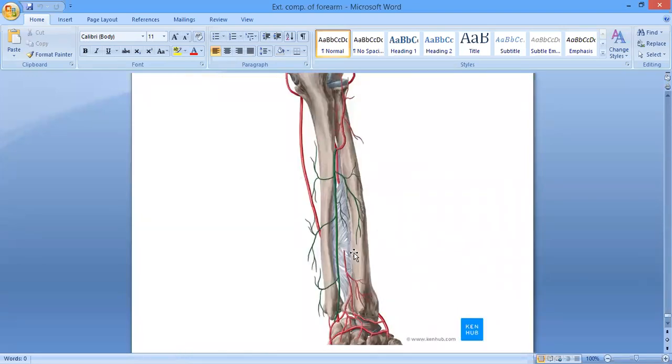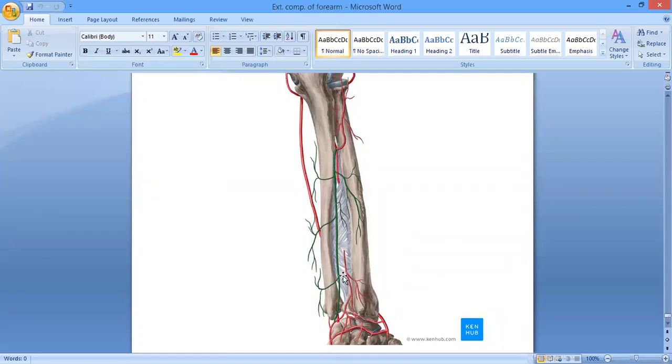And here you see the anterior interosseous artery is going to pierce the interosseous membrane and come to lie in the lower 1/4 of the posterior aspect of the forearm. So the lower 1/4 of the posterior compartment is supplied by the anterior interosseous artery, and the posterior interosseous artery is going to end by making an anastomosis with the anterior interosseous artery.